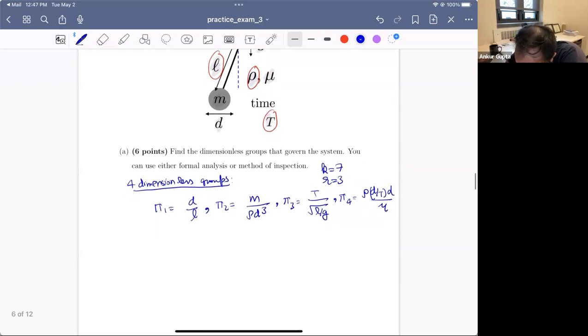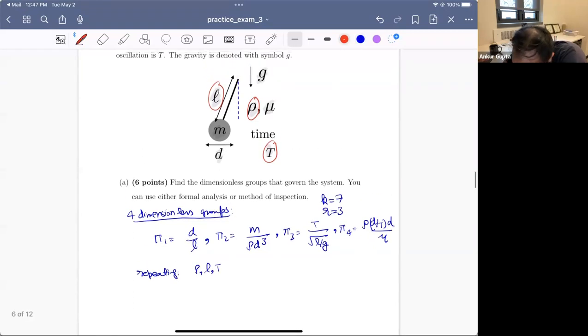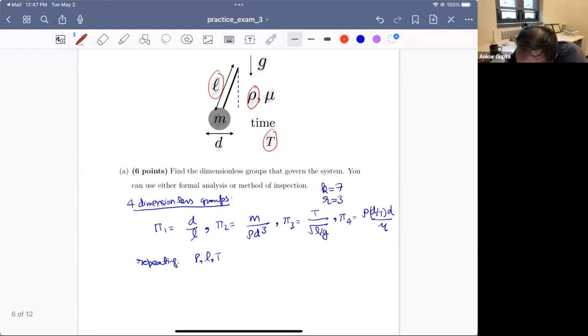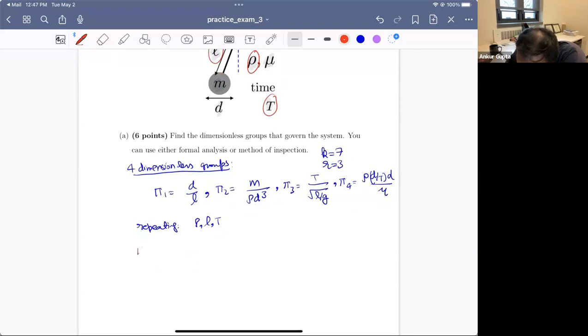So the repeating variables are rho, L, and T. Now for pi 1, I'll start with M. So M times rho raised to the power A1, L raised to the power A2, T raised to the power A3 should be dimensionless.